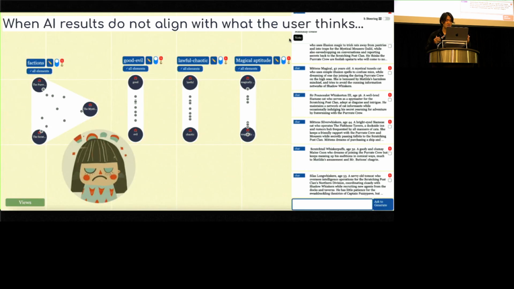And moreover, this visual space can also serve as a means to correct the AI's results. Because the visualization and the steered generation are done by this large language model, there definitely can be cases where the AI's results might not align with how the user thinks it should be done. In those cases, the user can leverage this visual space itself to correct the AI's results.